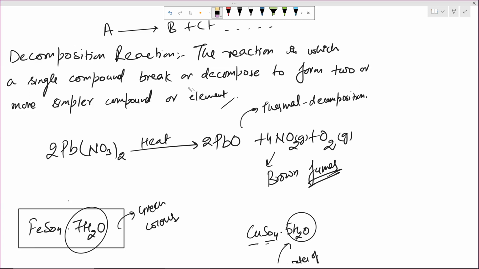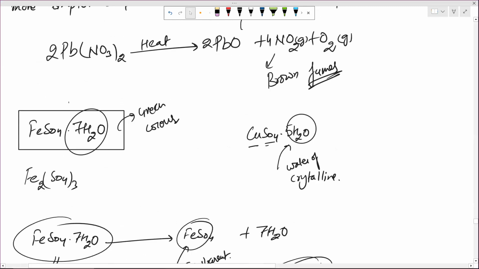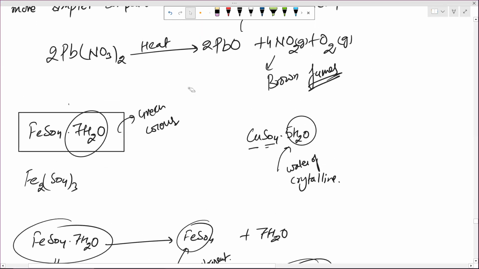Done? Okay. Similarly, ferrous sulfate, FeSO4, is green in color. This is due to the presence of crystals inside it.